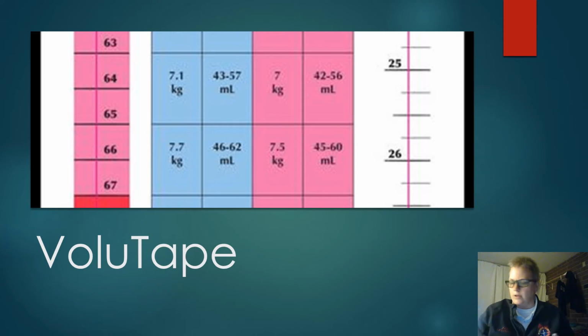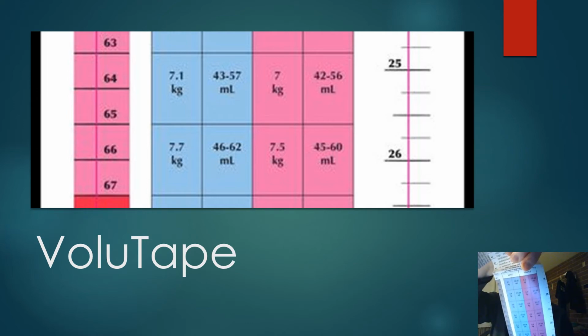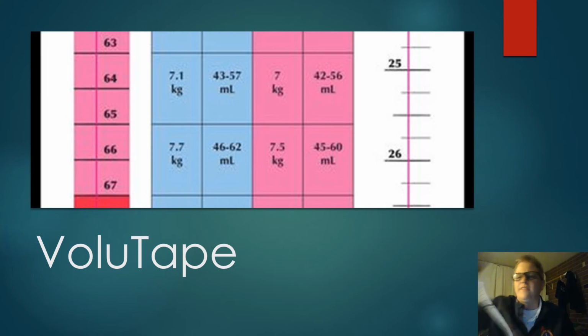And then it also has the calculations for males and females for the tidal volume. I think it cost me $30. I've been using it. I actually measured somebody to intubate, and it gave me the tidal volume, so that was kind of fast. So that's called a volume tape.